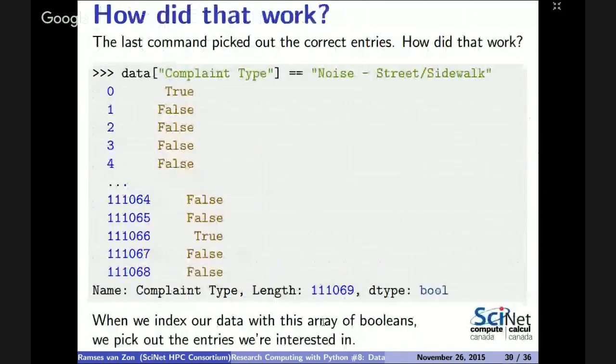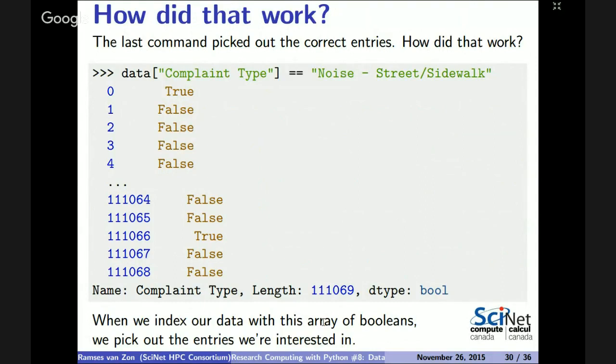And this works because I can do this sort of comparison on a data frame, or a column actually, where I say, okay, I have my complaint type, and I want to know when it's equal to noise. So the first part, or the left-hand side, so to speak, is a series, right? That's a column that we got out of there. And the other one is just that series, element by element, compared with the noise type.